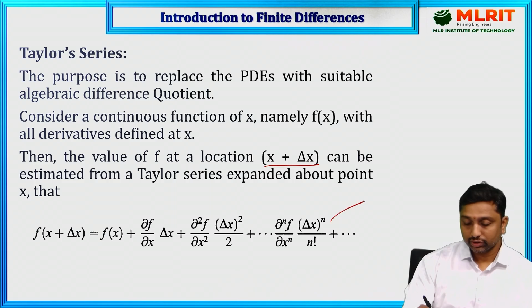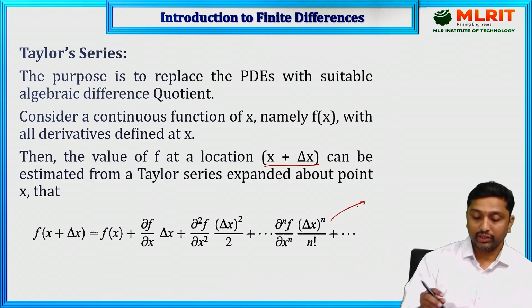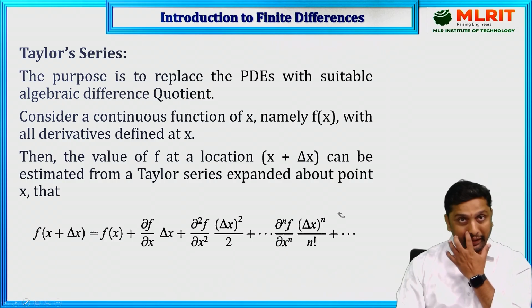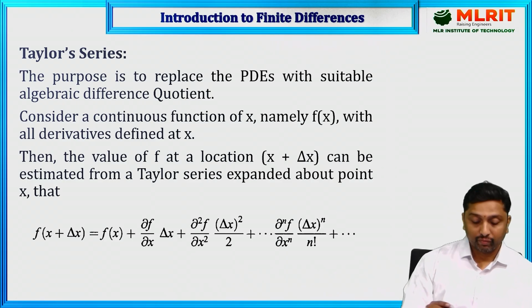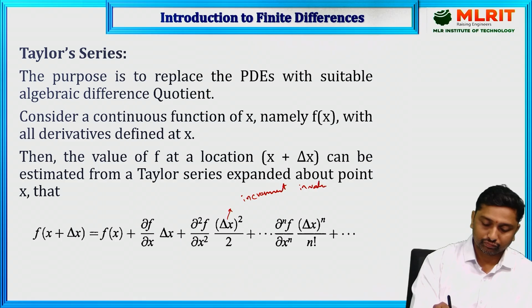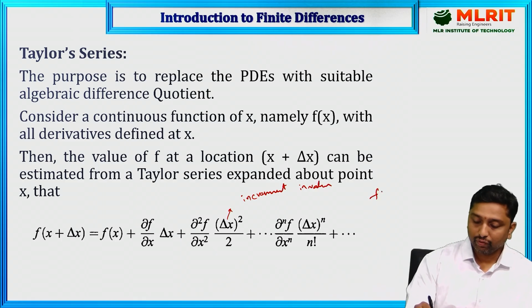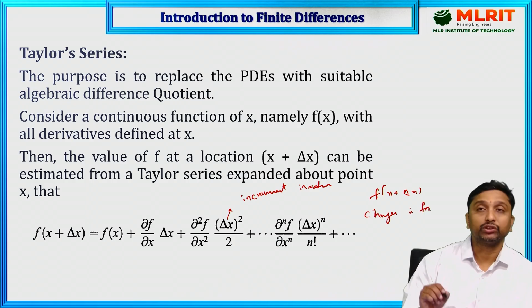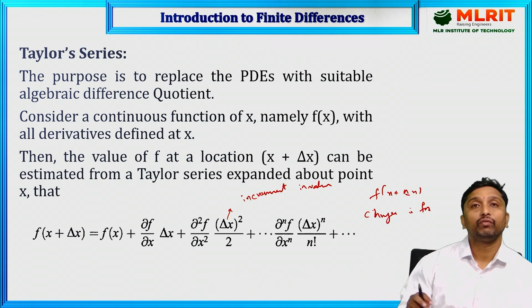This is the Taylor series we use in developing finite difference equations, where delta x is the increment in value and f of x plus delta x is the change in the function.